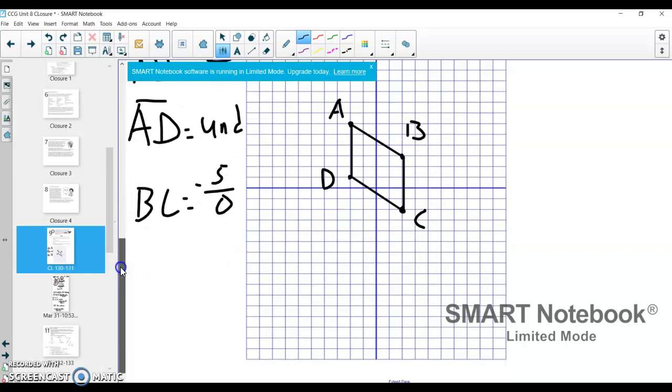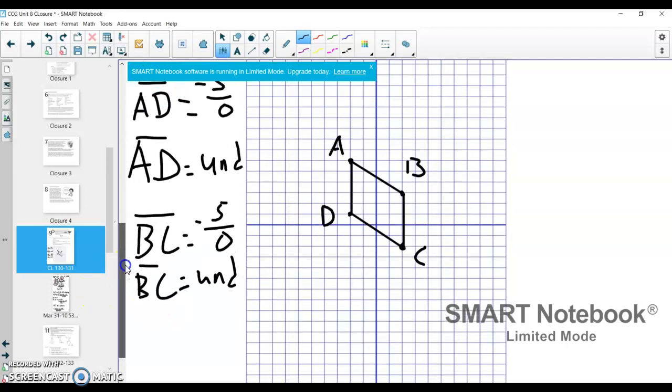But again, I can't divide by 0, so I want to write this that specific way to say that BC is undefined. All right, since the slope of AD is undefined and the slope of BC is undefined, those two lines are parallel to each other. Those are two vertical lines. Okay, so I know I have now one pair of parallel lines. AD is parallel to BC.